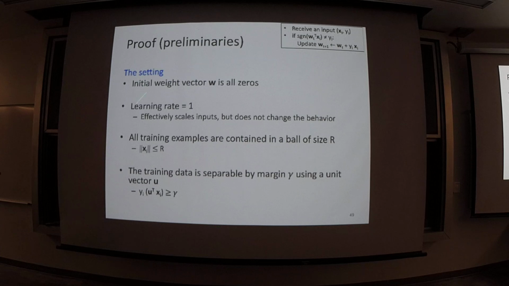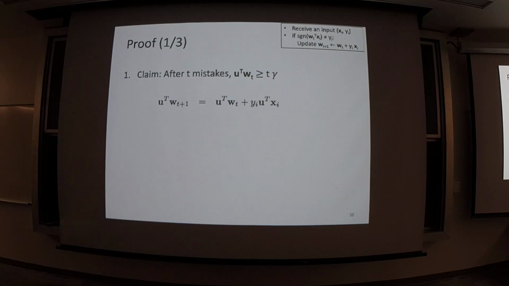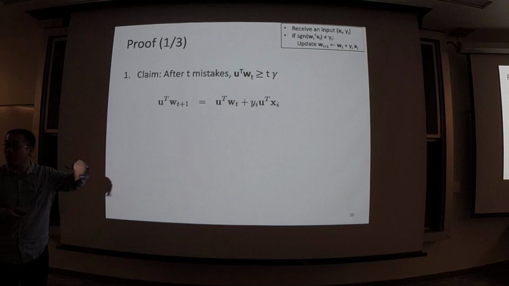So now, with these preconditions, how do we prove that the upper bound of mistakes is this one? We actually have 3 steps in our proof. First, we claim that after t mistakes, remember, for the perceptron, we only update when we make a mistake, right?